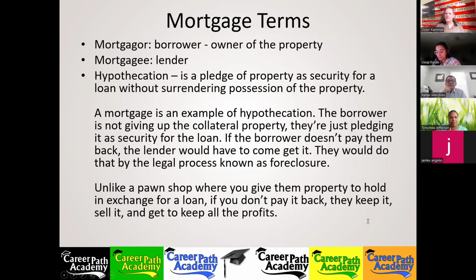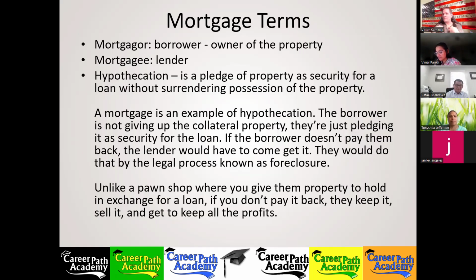You're signing a promise on paper, okay? You're saying, hey, lender, loan me your money, and I'm going to pay you back according to the terms that we agree upon, that we wrote in this document called a note.